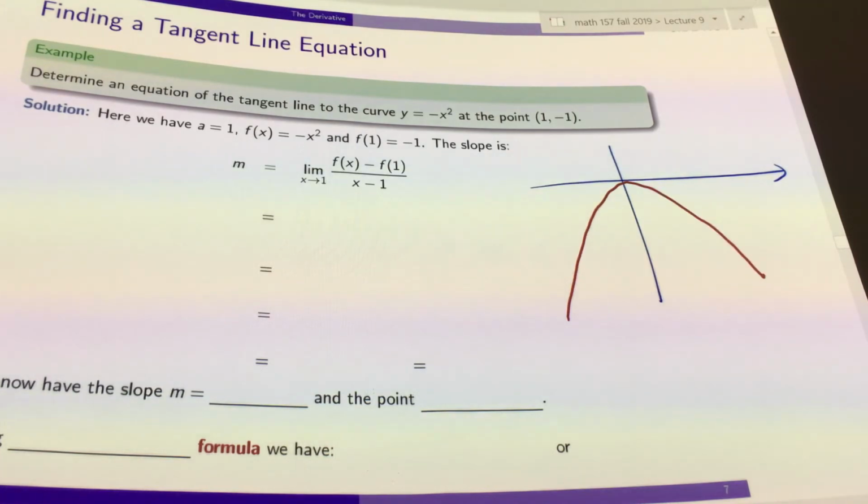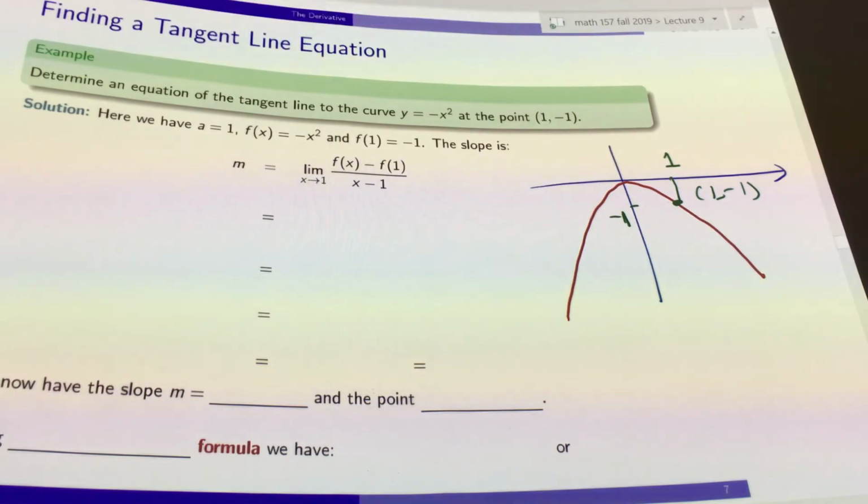I know that it's continuous. It's a simple function and actually has no sharp point, which we'll explain later. It passes through the point 1, minus 1. What I actually want to find is the equation of the tangent.